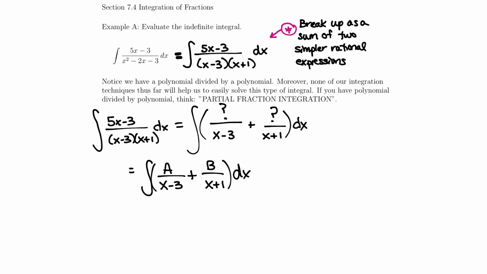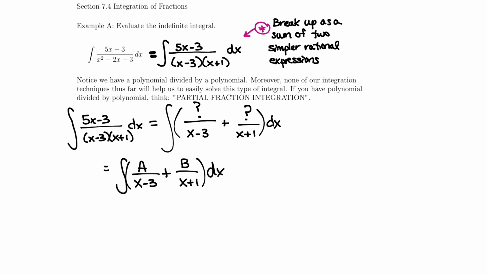The whole goal will be to decompose the 5x minus 3 over x minus 3 times x plus 1 into A over x minus 3 and B over x plus 1. That means I need a thought bubble because I need to do some thinking to make it all nice and neat and working out.